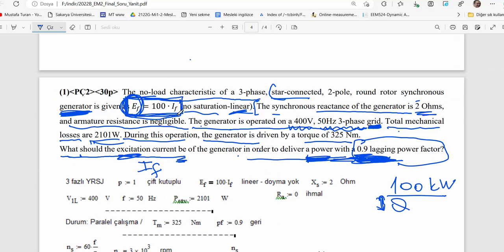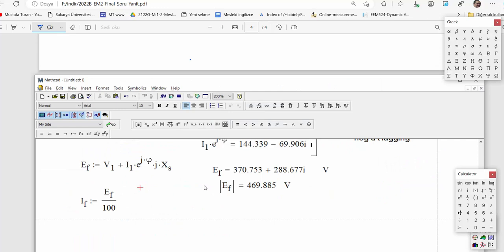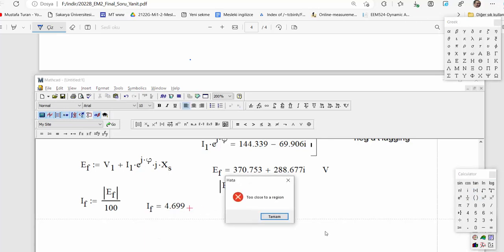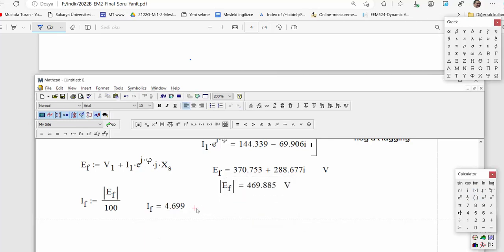The no load curve relation is given, so the required field current can easily be calculated. Excuse me, DC has no phase difference, so this must be a magnitude. Okay, that is the required DC current.